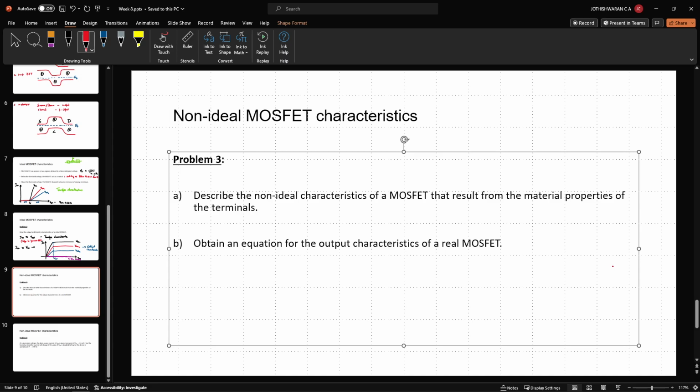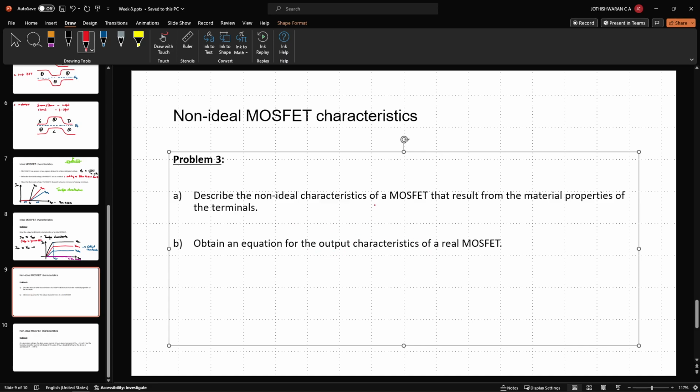Our final problem is going to be a hint for solving such numerical questions. If people have already seen the assignment for week 8, you will know that the order in which I'm covering the topics is more or less the same as the order in which the assignment questions are present.